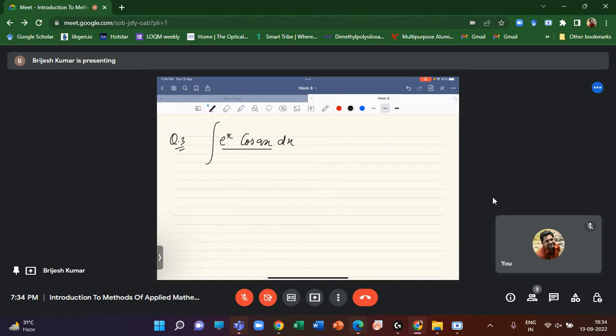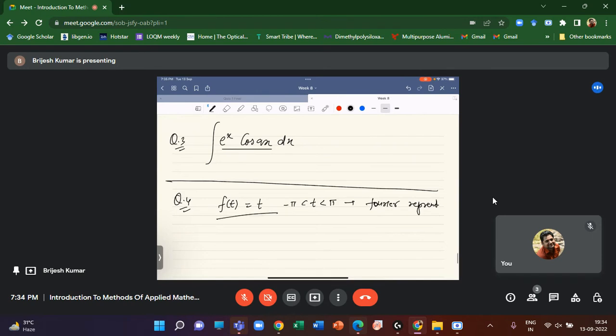So now we will take one function, f of t equal to t from minus pi to pi, right? Now we need the Fourier representation of this function.